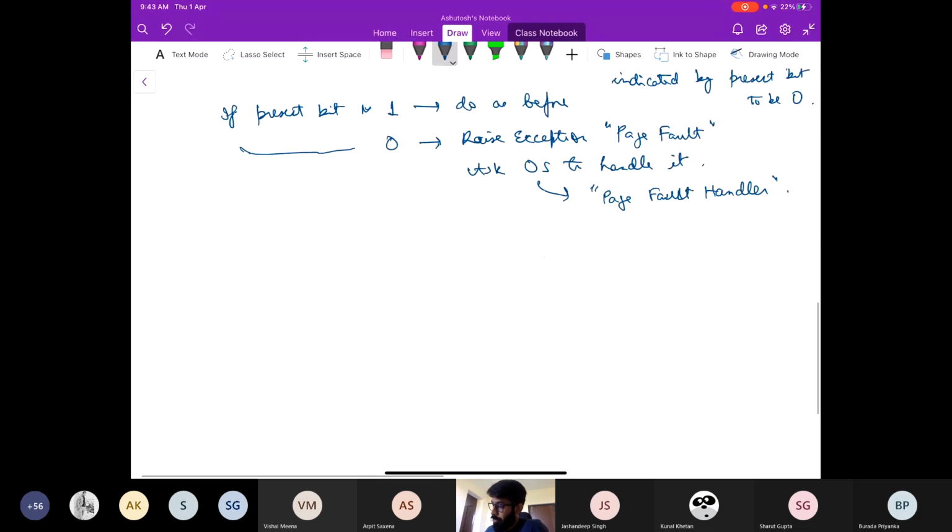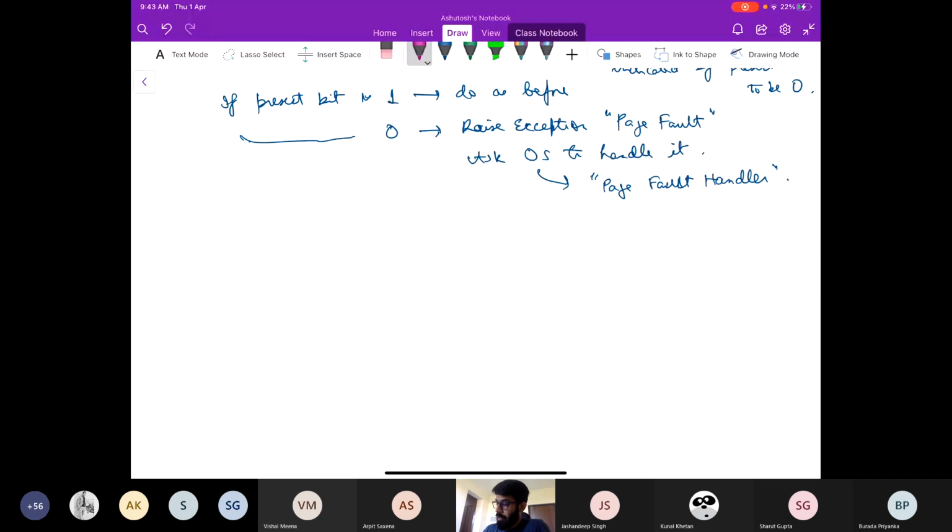So now, what does the page fault handler do? First thing is, how does the OS know where the page is, right?